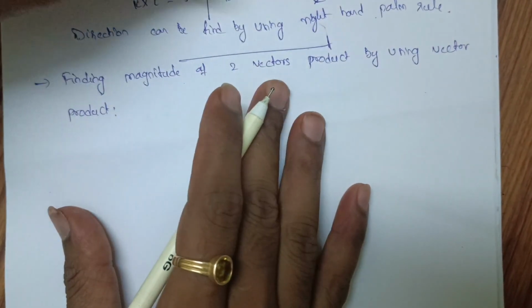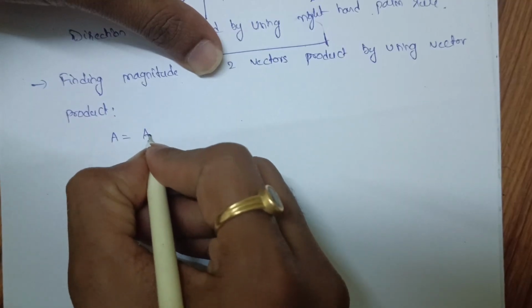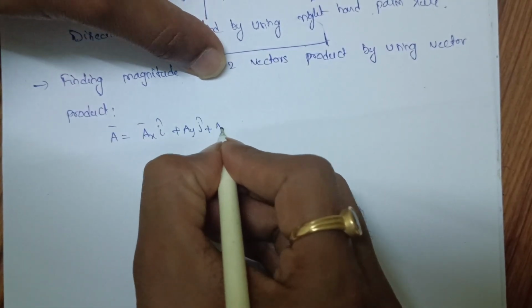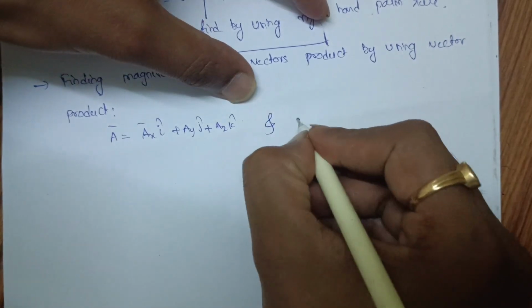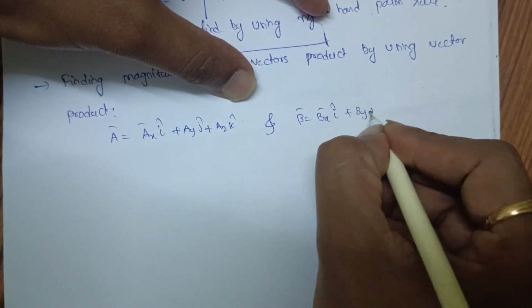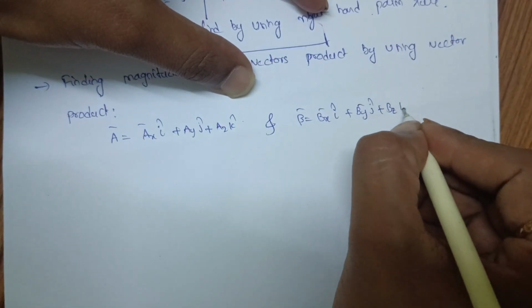See here, the condition is let A is equal to AX i, AY j, AZ k, and B is equal to BX i, BY j, BZ k.